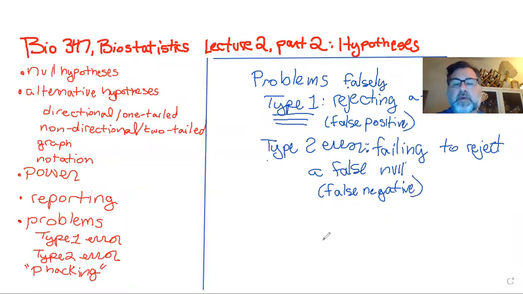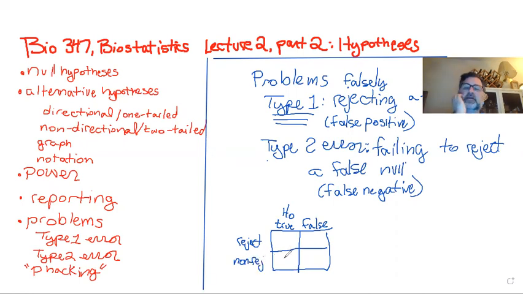Right, and the way this works is you can express this in a grid. Okay, and you have H0, whether it's true or false, and then rejected based on your test statistic or not rejected. Okay, so false positive, right? So you reject an H0 that's true.